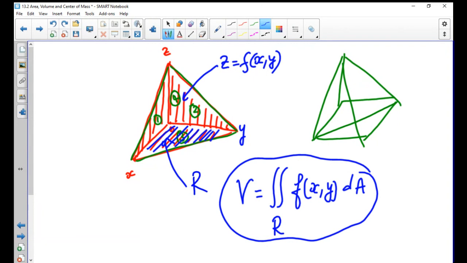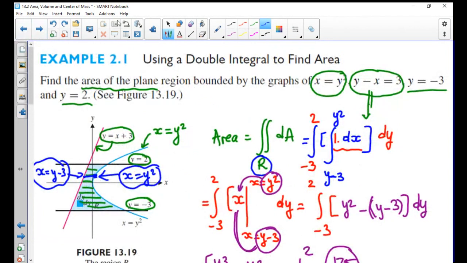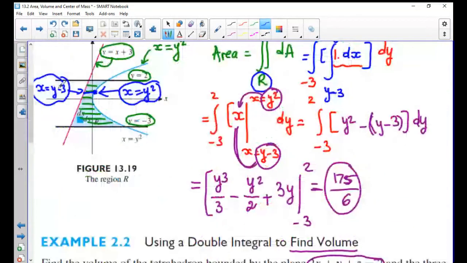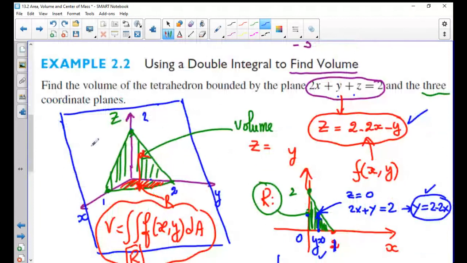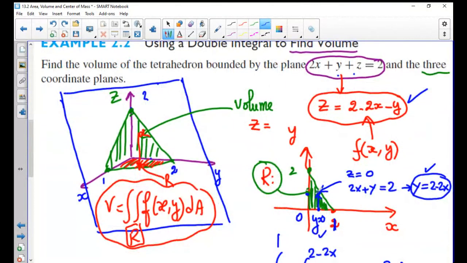Do you understand this? So here, basically, the cover comes from the plane. So you need to find the z from here. And then the R will come from all these shapes. Basically, R is a triangle.